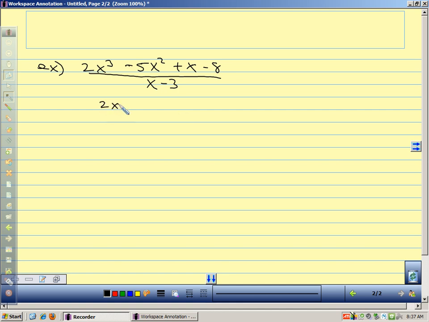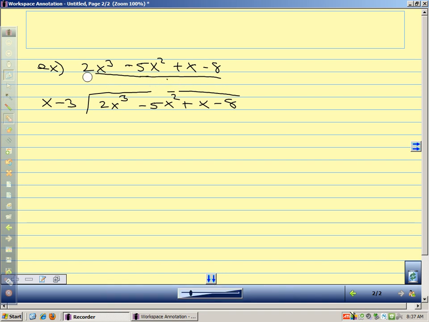I'm going to put 2x cubed minus 5x squared, sorry, plus x minus 8. And I put the x minus 3 out here and my division bracket here. And I ran out of room here, so I'm going to write this just so I have enough room. And all that's divided by x minus 3.